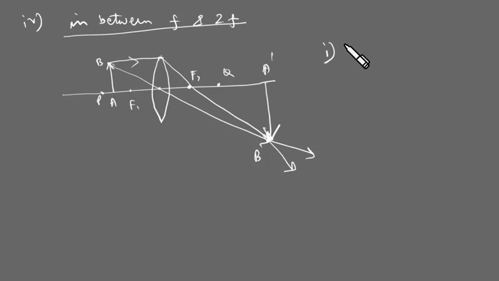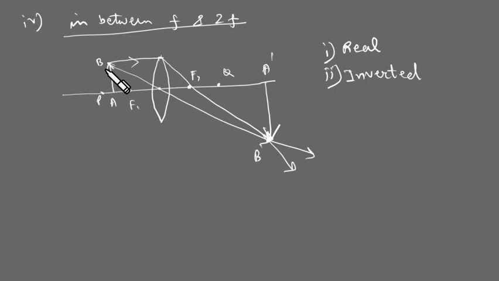First of all, the image is again real, because the two rays actually meet at some point and form the image. Secondly, it is inverted again, inverted or upside down, head is in the downwards direction, right?